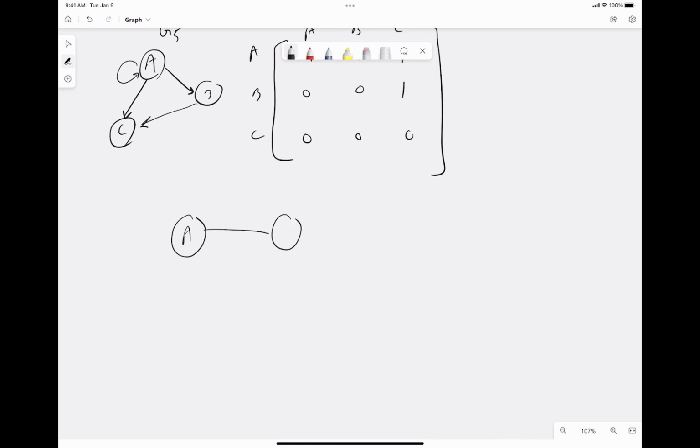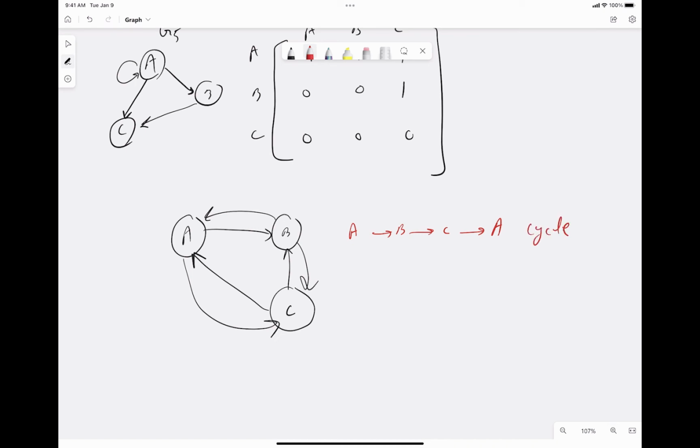So here is the graph: A, then B, and here we have the node C. One cycle here is going from A to B, and then from B to C, and from C to A. And as you see here, none of the vertices or edges are repeated, so that's a cycle that we have here.